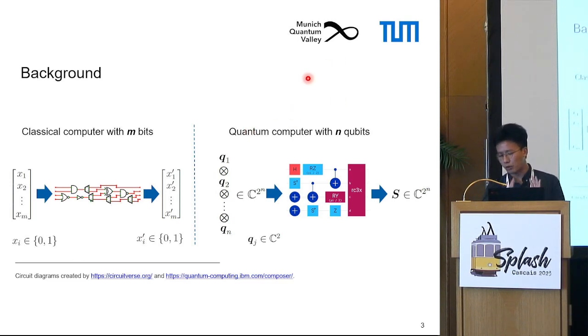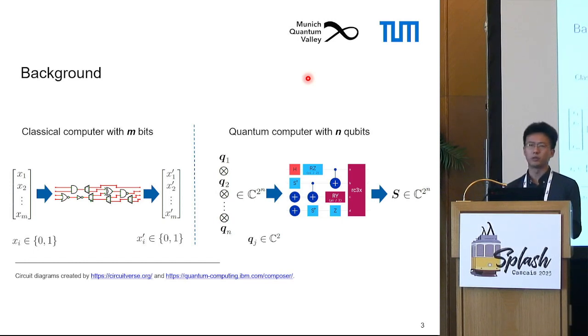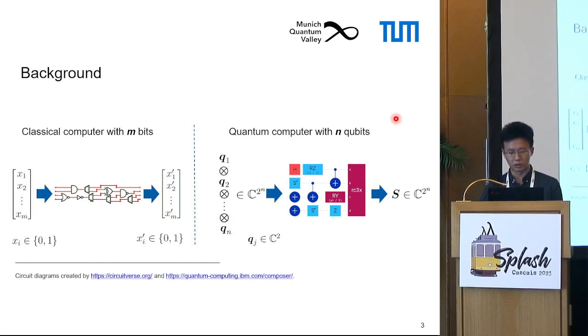Say we have a quantum computer with n qubits, where a qubit is the quantum counterpart of a bit in classical computing. To denote the state of a single qubit, we use a complex vector of size 2. The initial state of the quantum computer is denoted by the tensor product of all the initial states.